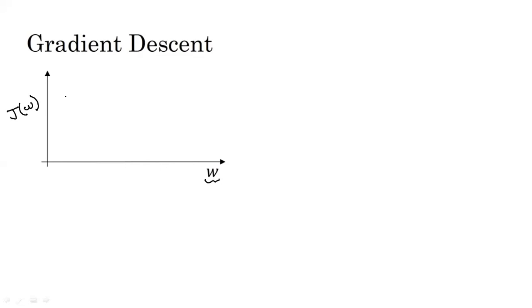So basically if this plot is in the convex form, I'll represent this plot somewhat as follows. Okay, so suppose that this is the convex cost function that we have achieved. Now what we'll do in gradient descent is gradually update the values of our parameter.